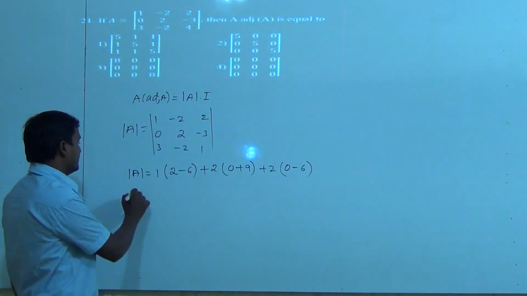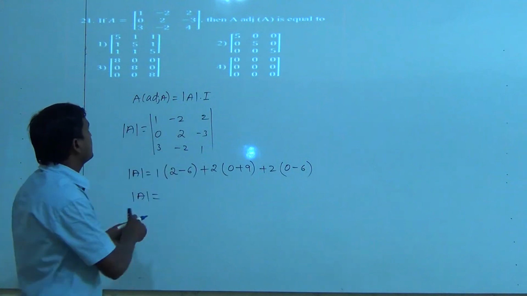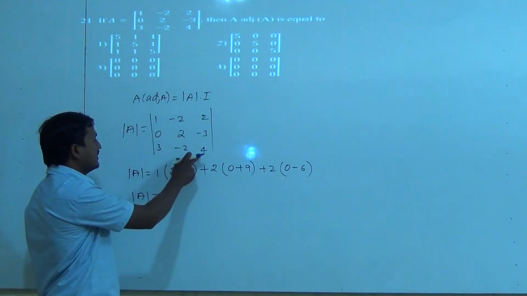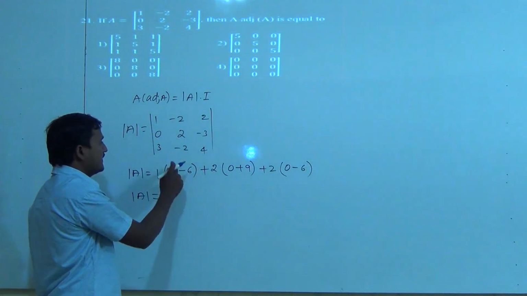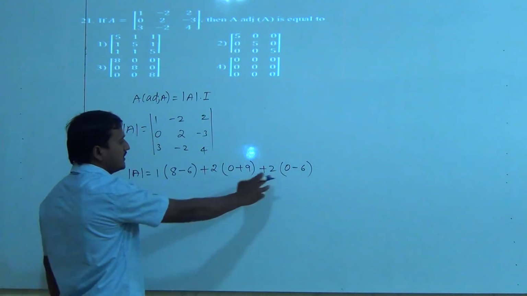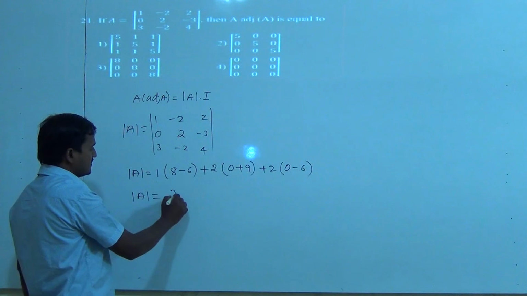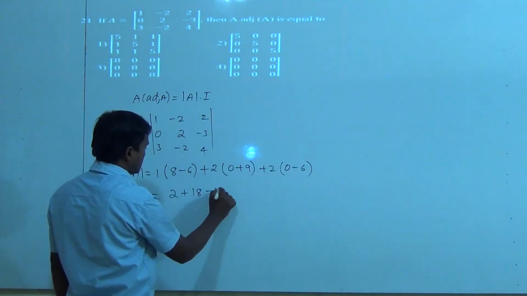So clearly the determinant of A is equal to, here it is 4, so clearly it is 8, and here it is minus of 6 and this one. Now to simplify this, 8 minus 6, so clearly it is 2, and here it is 18 and here it is minus of 12, right?